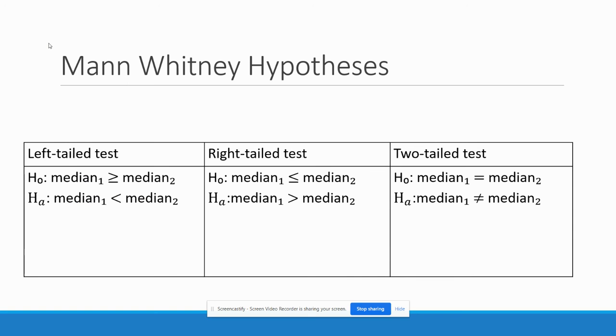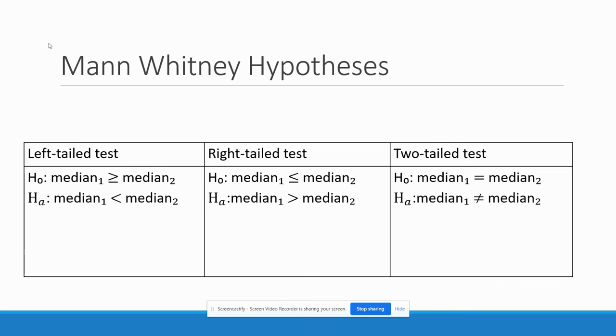All right, remember when you looked at two mean tests, you were looking at the means. Now you're looking at the medians. So for the left-tailed test, the null is the median of group one is greater than or equal to the median of group two. The alternative is the median of group one is less than the median of group two.